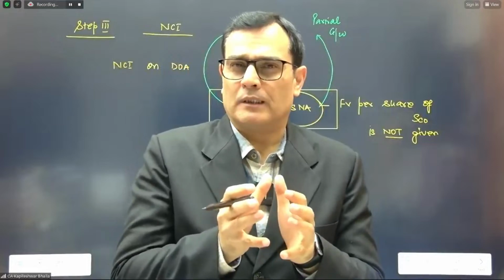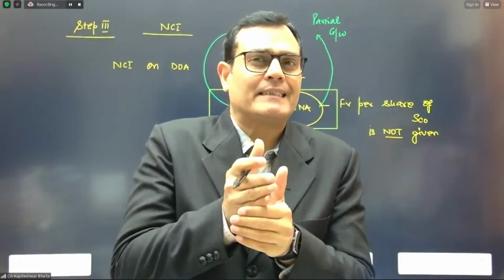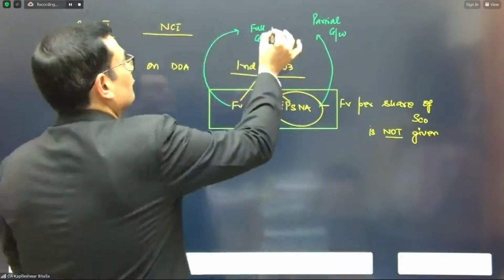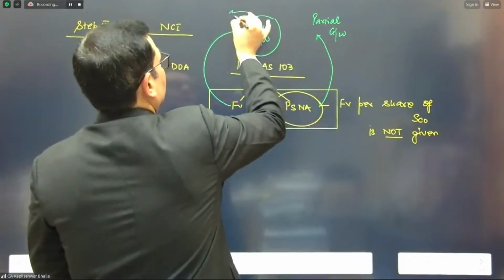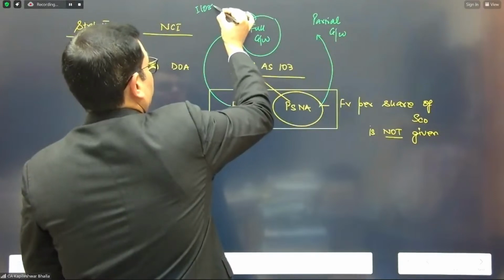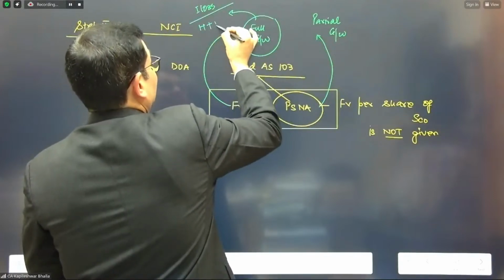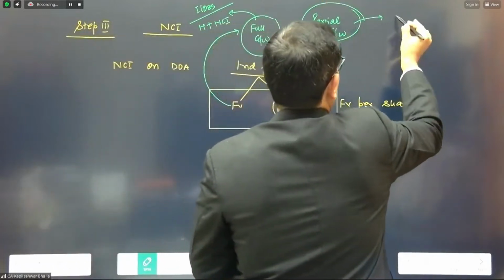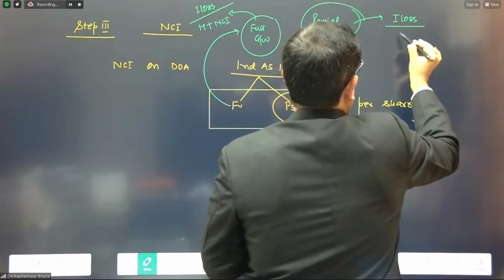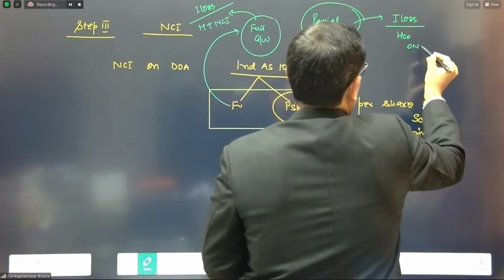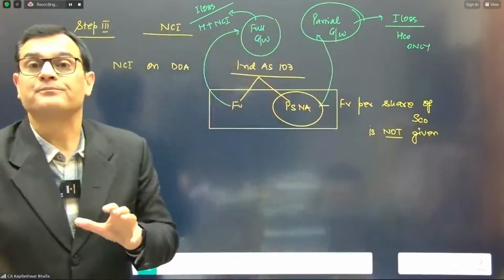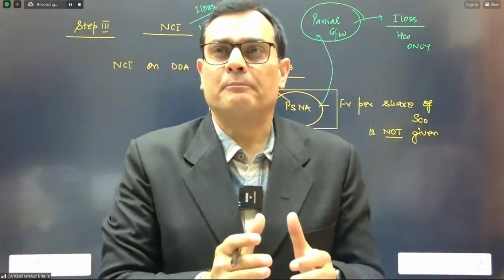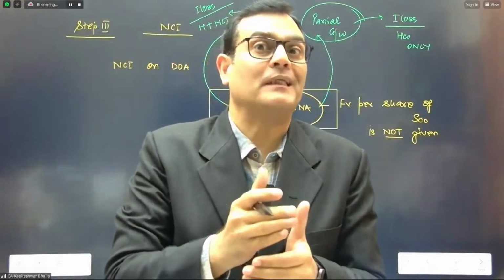So it is very important that when you trigger the thought that NCI is at fair value or PASNA, your thought should become very clear that if it is a full goodwill, the impairment loss is going to be borne by the holding company and the NCI both. But if it is a partial goodwill, then the impairment loss is borne by the holding company only. So that's another point which should immediately click in your mind, that if I am given any inputs regarding the goodwill impairment, I need to take a hit at which places.